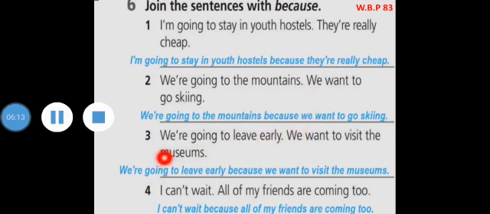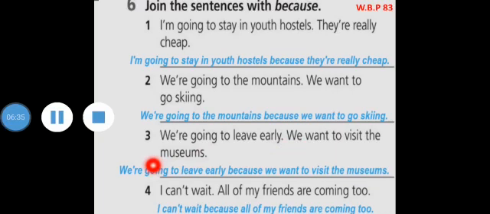Number 3, we're going to leave early because we want to visit the museums. Delete the full stop, write because, and use small w instead of capital W in the pronoun we.